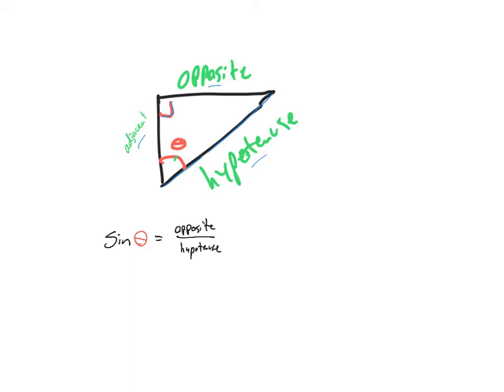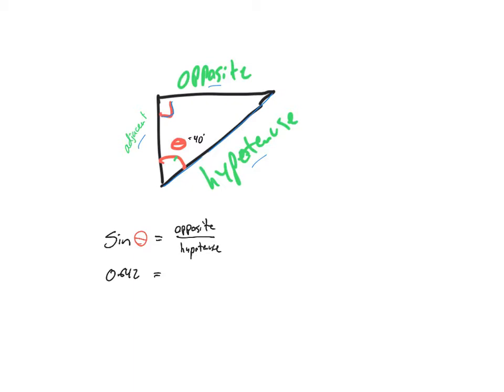It's a decimal, and your calculator knows what those are. So if this was a 40-degree angle, you'd put sine of 40 into your calculator, and I got 0.642 as the decimal.